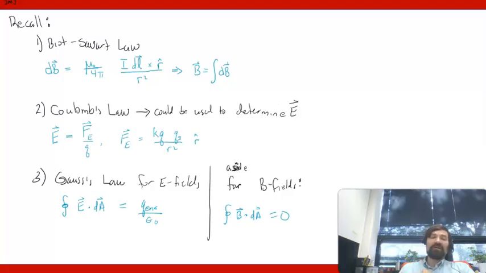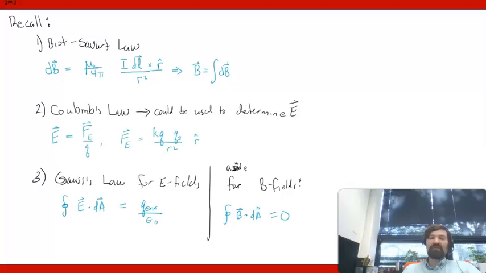Now Gauss's law for E fields replaces Coulomb's law in a lot of situations, and the two can be interchanged. Sometimes it's easier to use Gauss's law, sometimes easier to use Coulomb's law. Any situation in which a symmetry can be invoked, Gauss's law is probably easier.